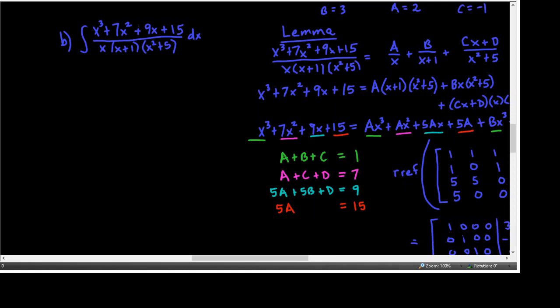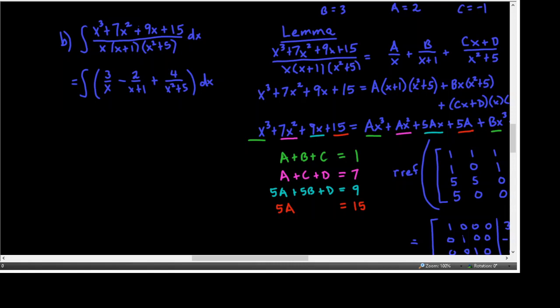So that means that that integral is equal to a over x, so that'll be 3 over x, plus b over x plus 1, plus negative 2 is going to be minus 2 over x plus 1, plus 0x, because c is 0, plus 4, because d is 4, that ends up being 4, over x squared plus 5 dx.